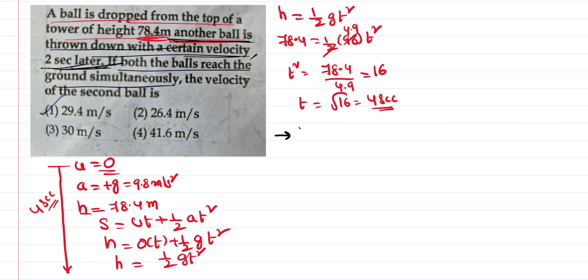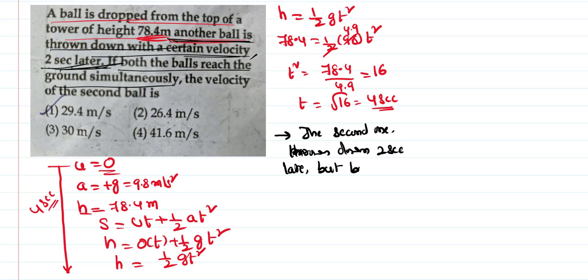So the second one is thrown down 2 seconds late, but both reach the ground simultaneously. Both reached at a time. It means that it is thrown with a velocity, so obviously it takes less time. It was 2 seconds late.